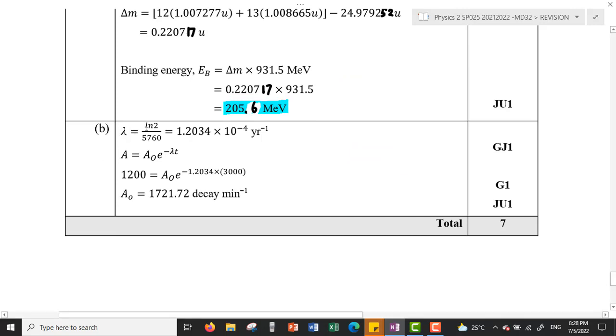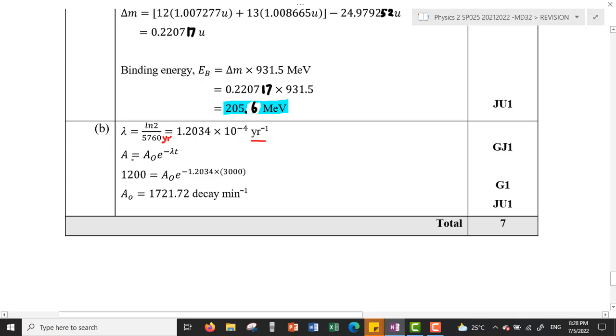So the decay constant will be ln 2 over the half-life. I didn't do any unit conversion, so saya biarkan half-life saya dalam years. So my decay constant for this question will be per years lah. So I will get my decay constant will be 1.2034 times 10 to the power of negative 4 per years. Kenapa per years? Sebab half-life teacher buat dalam years.